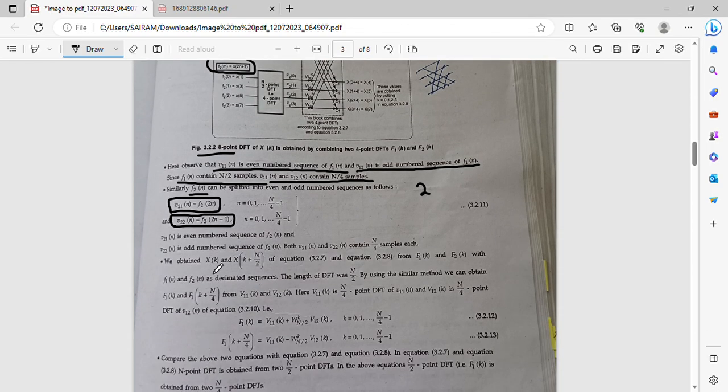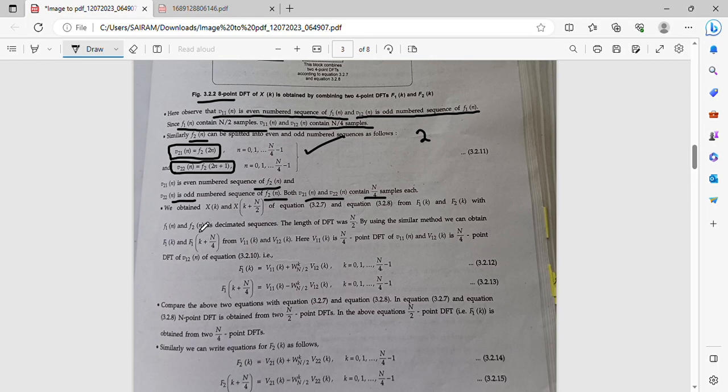In the same way for f2 of n, v21 of n is equal to f2 of 2n and v22 of n is equal to f2 of 2n plus 1, for n is equal to 0 to n by 4 minus 1. So v21 is the even numbered sequence of f2 of n and v22 is the odd numbered sequence, and both contain n by 4 samples each.